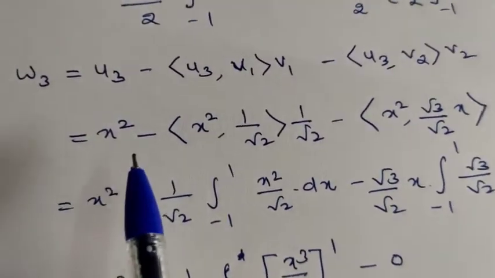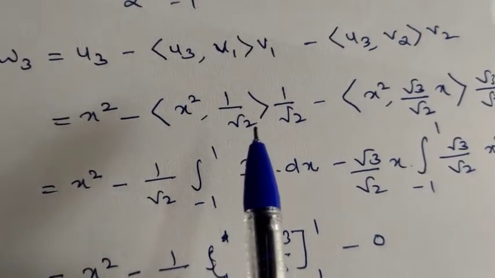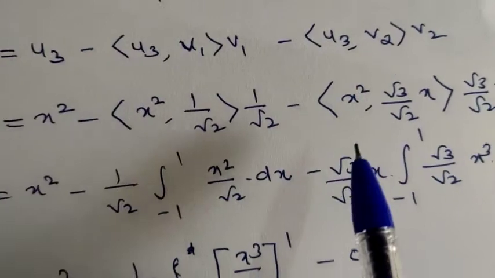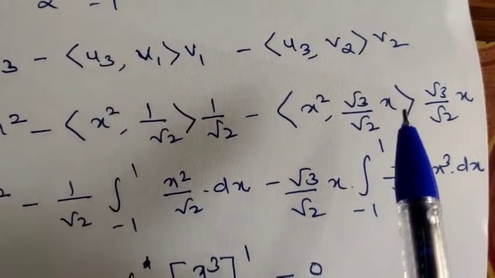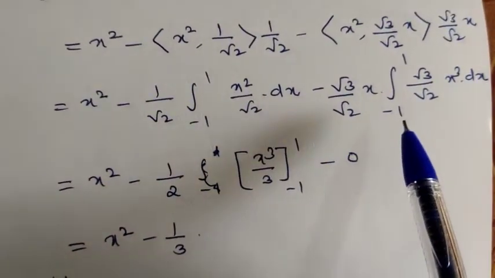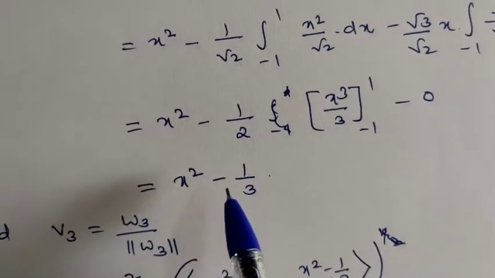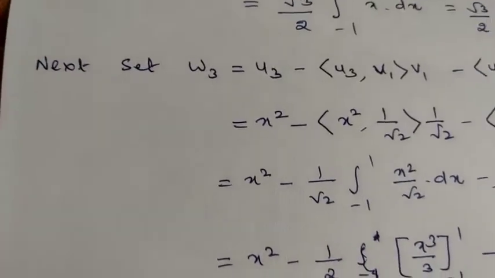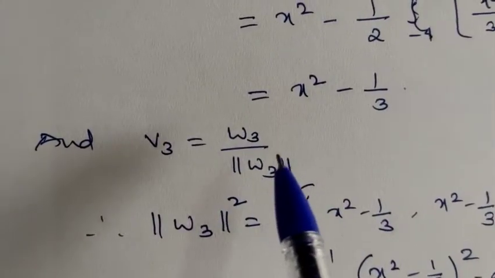So this is x square minus, with u3 as x square, v1 is 1 by root 2 into 1 by root 2, and u3 is x square comma v2 is root 3 by root 2 into x, I have written as it is. If we integrate and apply the limits, you can see the value to be x square minus 1 by 3, so w3 is x square minus 1 by 3.